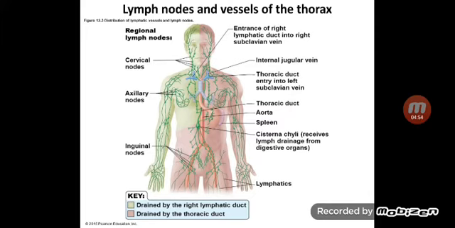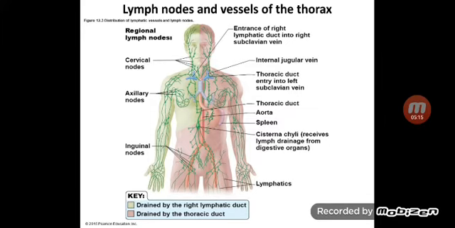This is superficial. What about the deep lymphatic vessels? The deep lymphatic vessels of the anterior parts of intercostal spaces drain to the internal thoracic lymph nodes, which are distributed along the internal thoracic blood vessels.